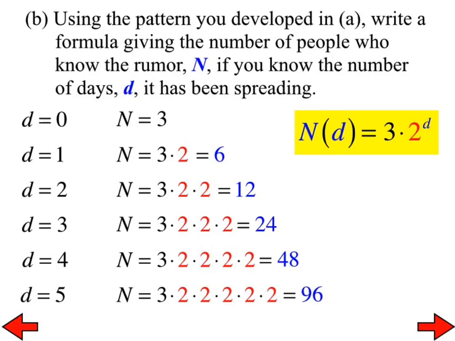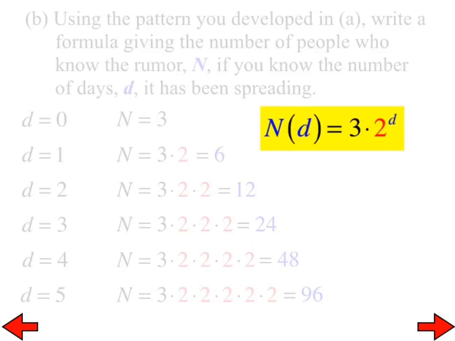Now, we need to take a time out so we can figure out how to utilize these calculators as far as exponents go. Because I don't think you want to go 3 times 2 times 2 times 2 times 2 times 2 times 2 times 2, 20 times. That takes a long time to do. Okay? All right.